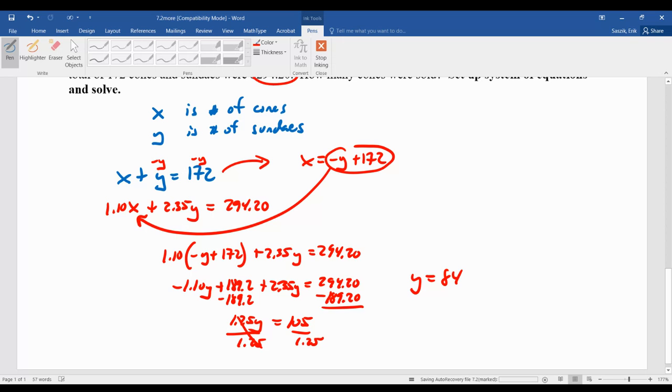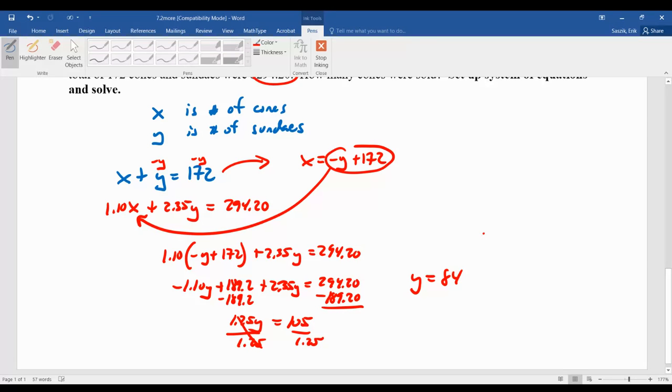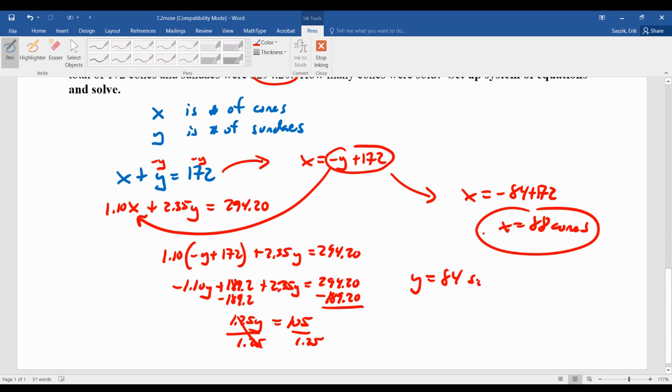I would go into the first equation, right here. You see, x equals negative y plus 172. And you come up with x equals 88 cones. So it was 88 cones, 84 sundaes.